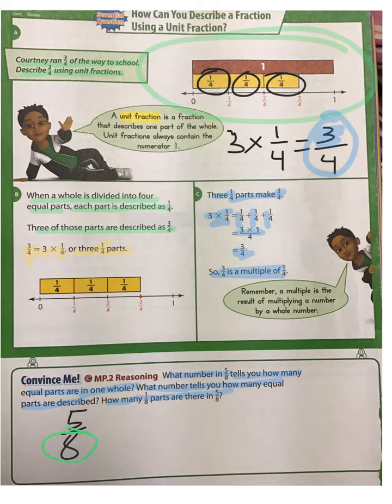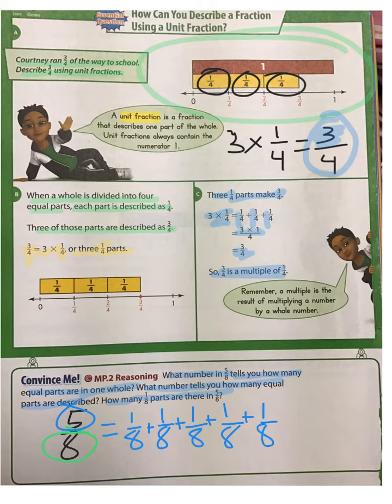So if we had 8/8, that would be 1 whole. The top number tells me that there's 5 of them. So I'm going to have 5 1/8. So 5/8 equals 1/8 plus 1/8 plus 1/8 plus 1/8 plus 1/8, 5 times.